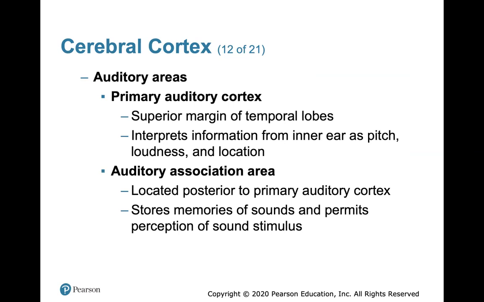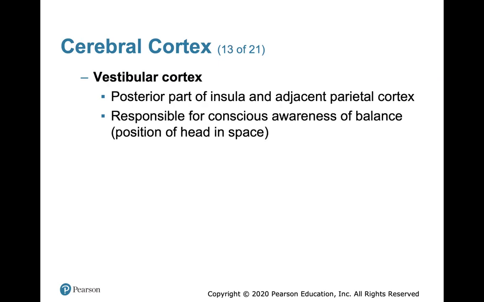Auditory areas are located in the temporal lobes, which will help determine pitch, loudness, and location. And then auditory association areas store memories of sounds and permit perception of sound stimulus. The vestibular cortex is the posterior part of the insula and adjacent parietal cortex. It's responsible for conscious awareness of balance, such as the position of the head in space.